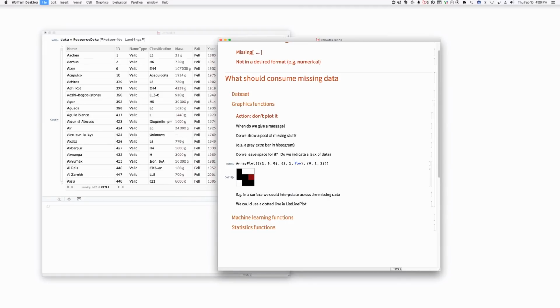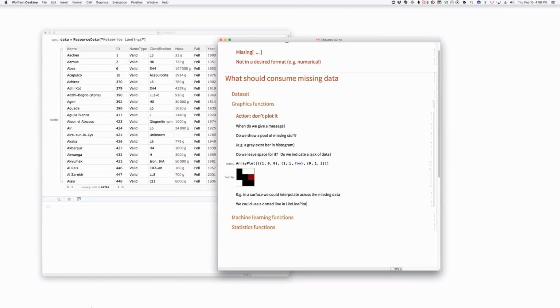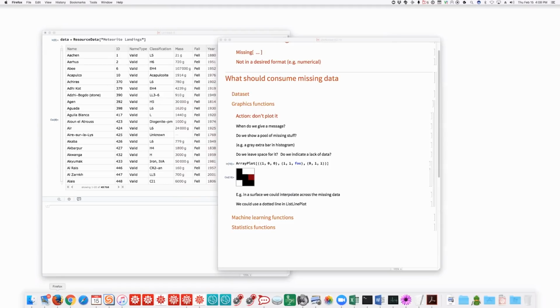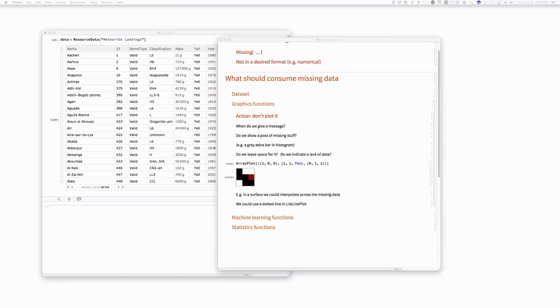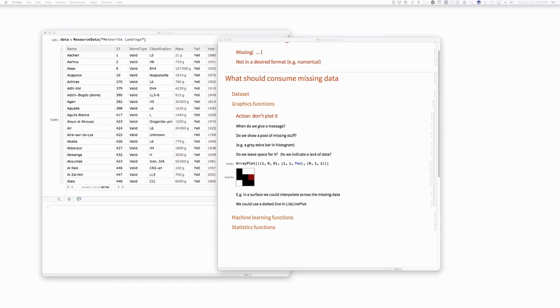So that happens, for example, in Wolfram Alpha, right, we do that.